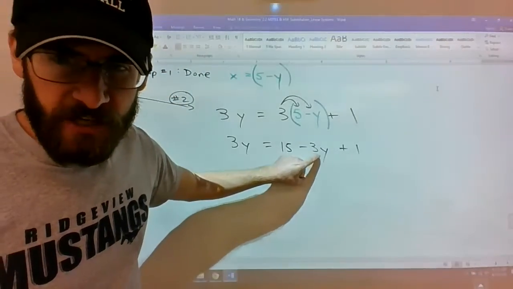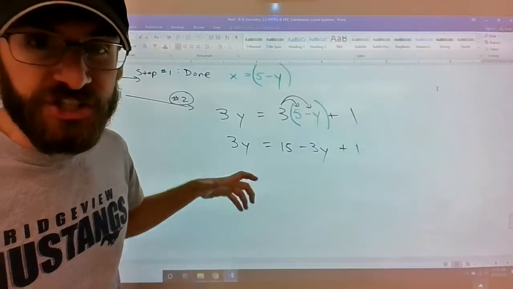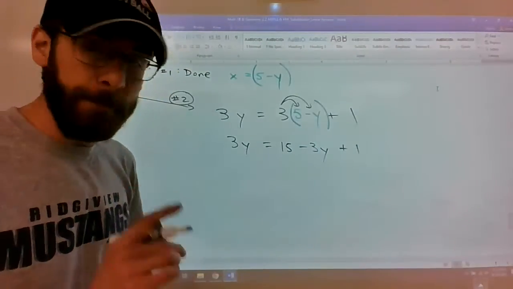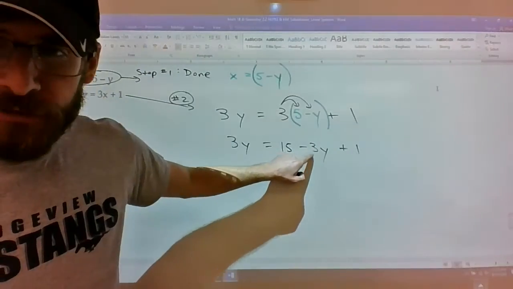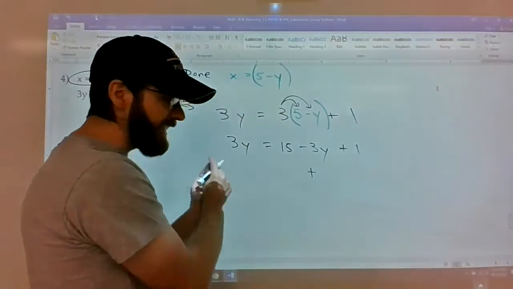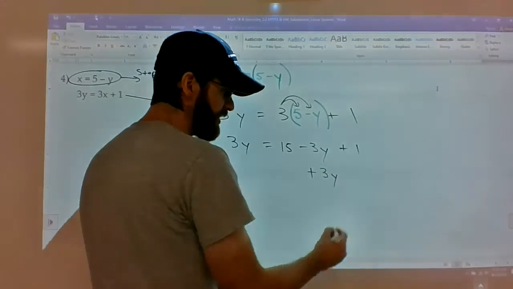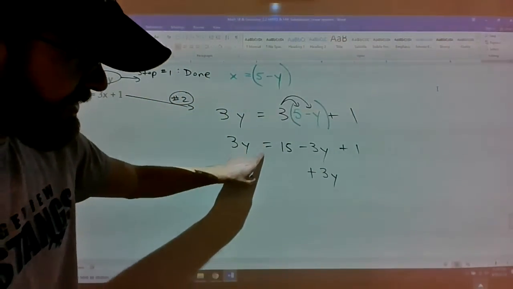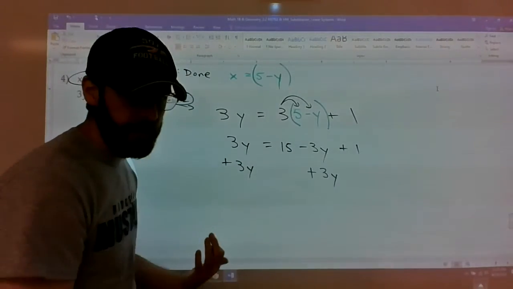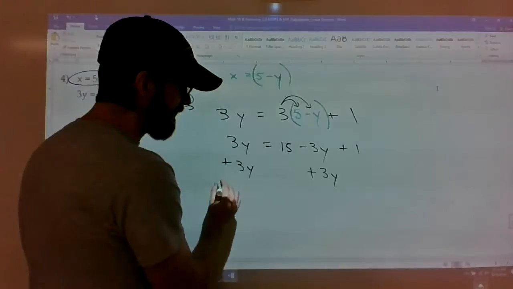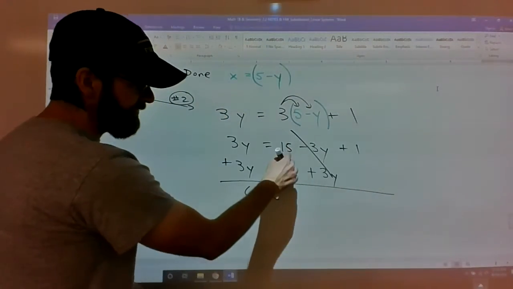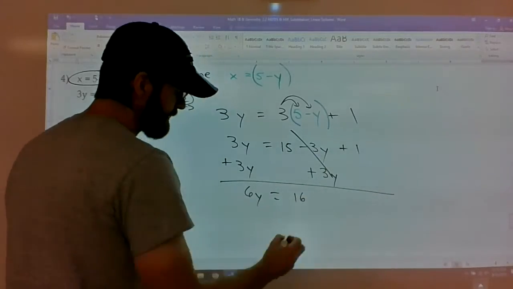But I think you guys see a 3y over here and a 3y over here and just assume that they're going to cancel right away. They do not. Because if you are minusing 3y here, to move it to the other side of this equal sign, you have to do the opposite operation. That's 6y. It did not cancel itself out. 6y equals 15 plus 1, 16.